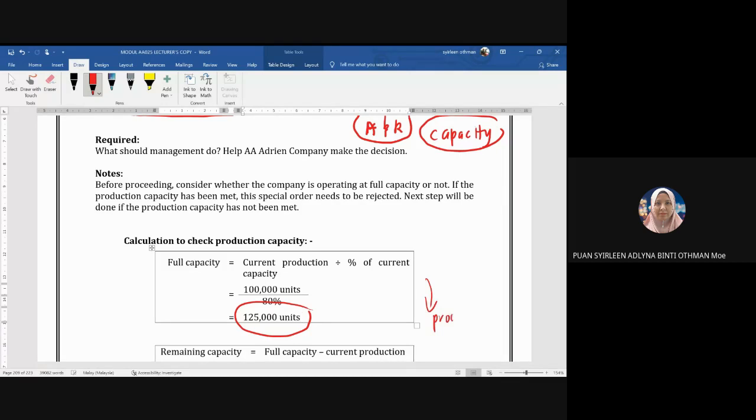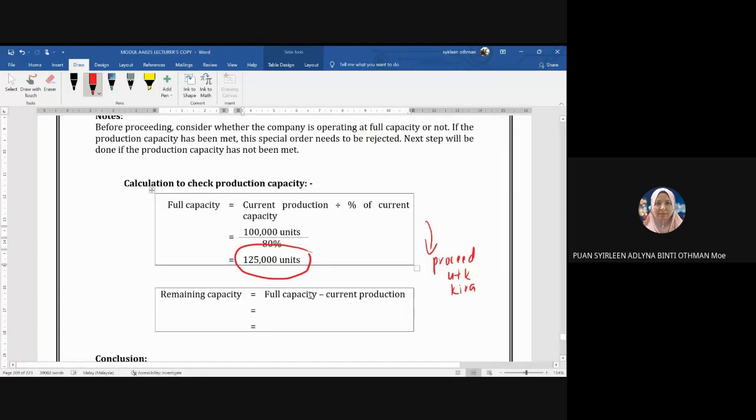Alright. So sekarang kalau dia masih di bawah 125,000 units, that means saya akan proceed. Proceed bukan proceed nak accept. Proceed untuk kira cost. Okay, ni special sikit. Katakan masa awak kira ni, my target is to produce this much. Tiba-tiba you kira nilai ni kurang daripada ni.